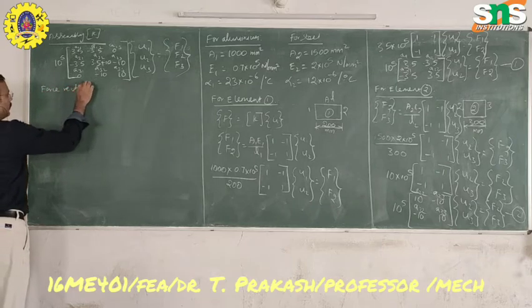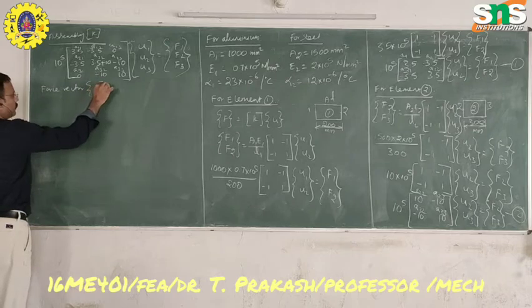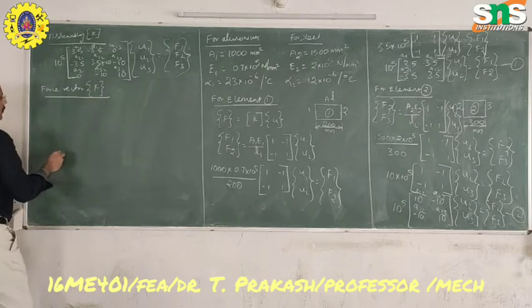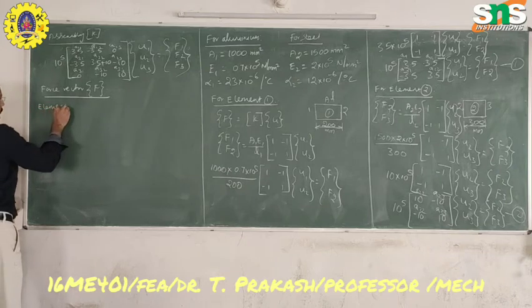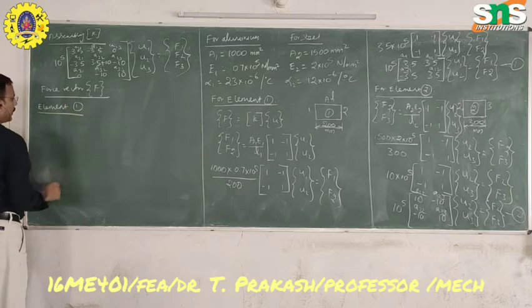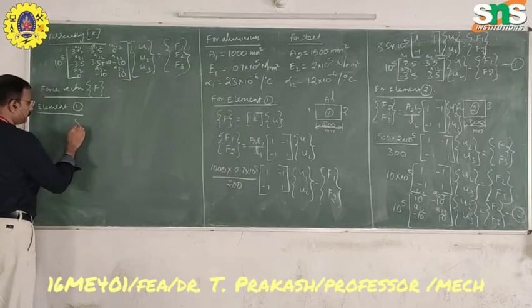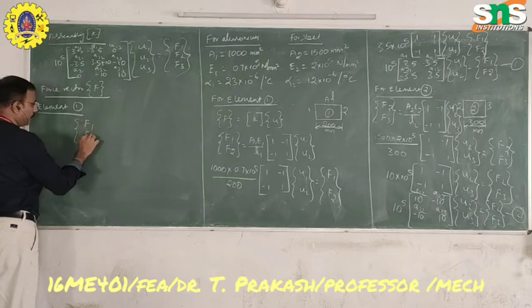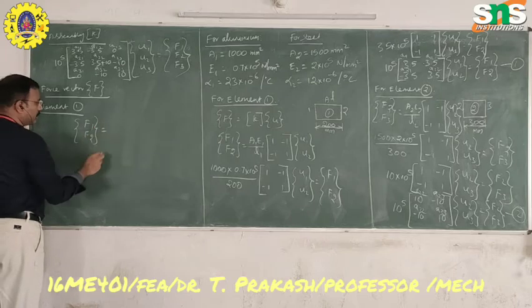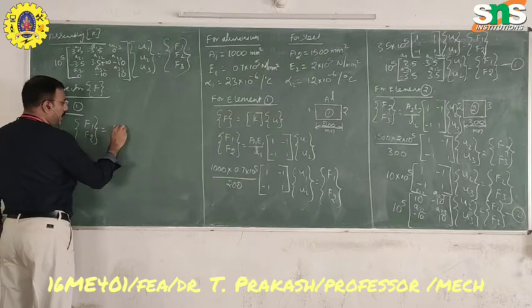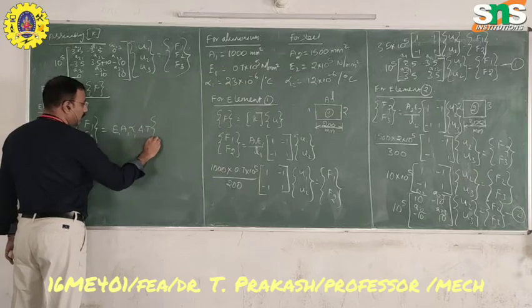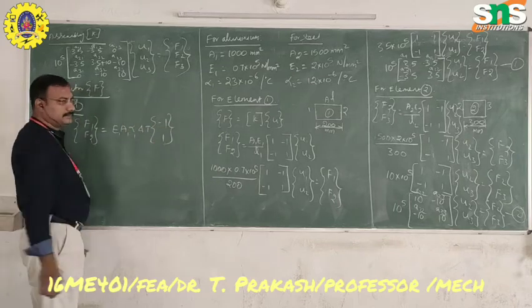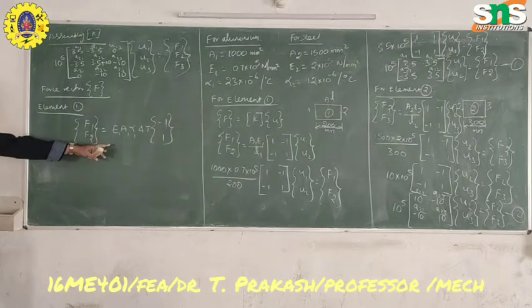Force vector F. You know the formula. First you take element 1. For element 1, the force vector F1, F2 is equal to EA alpha delta T times minus 1, 1.